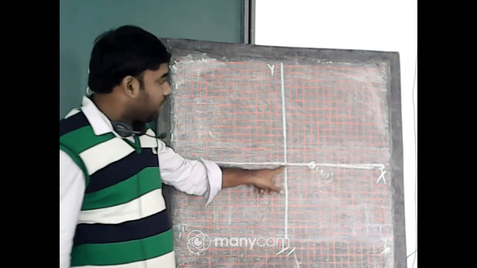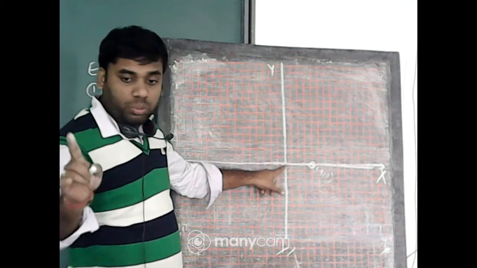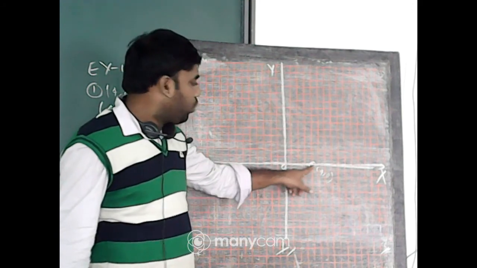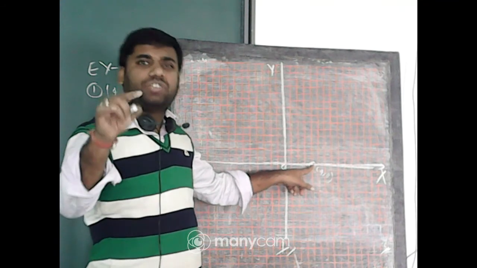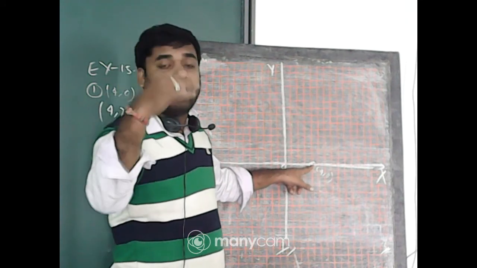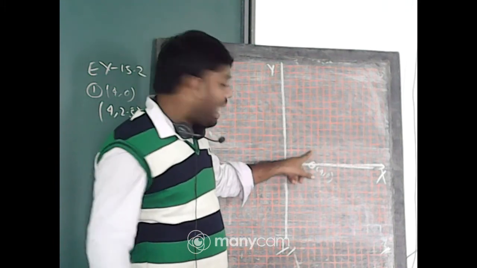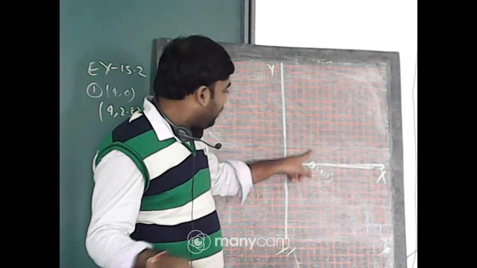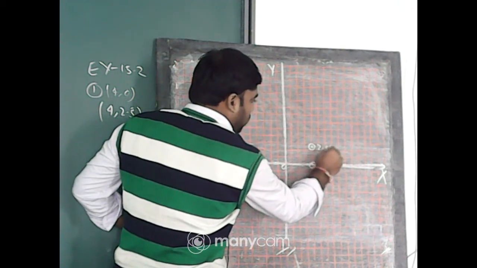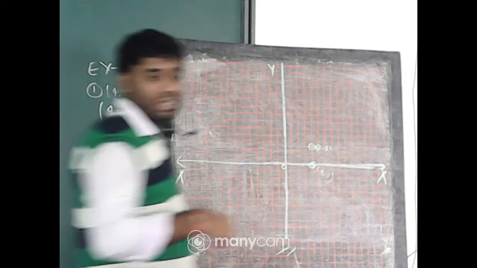So from the start, for (4, 2.5), as 4 is positive, we move along the positive x-axis: 1, 2, 3, 4. And 2.5 means between 2 and 3. As it is positive, we move above: 1, 2, and 2.5 between 2 and 3. That is the point (4, 2.5). Got it, everyone?